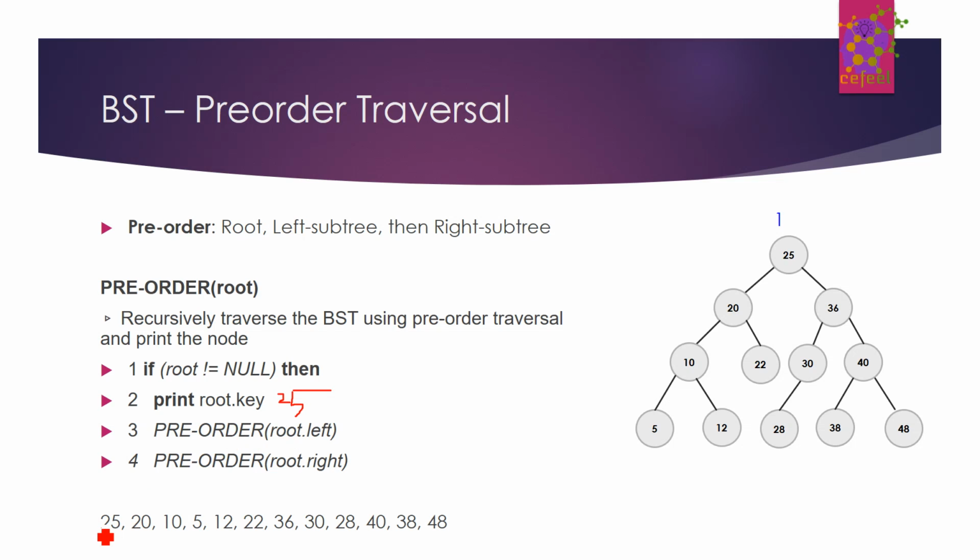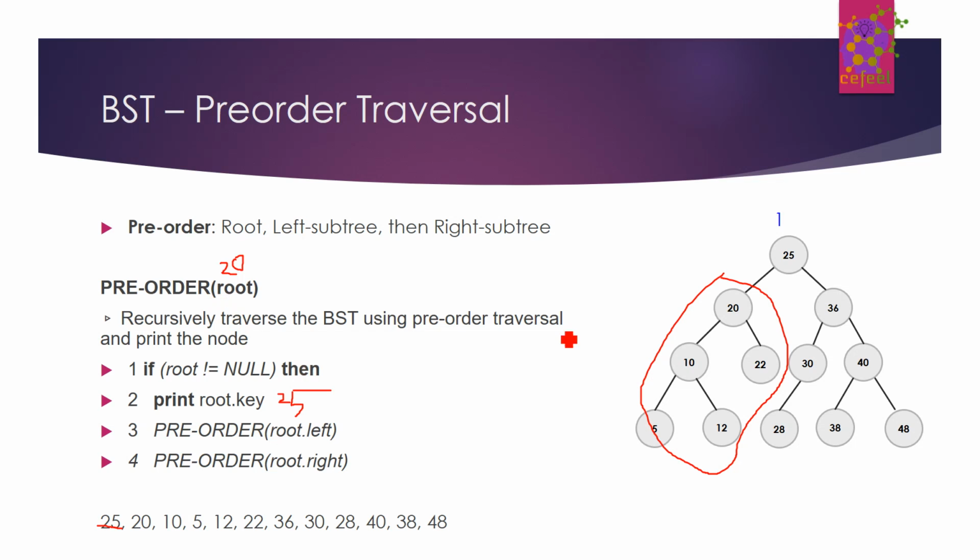Then it calls pre-order root dot left, which means it will call pre-order on this subtree, and it will pass the root as 20. So 20 will be passed as the root, and this subtree will now be called recursively.